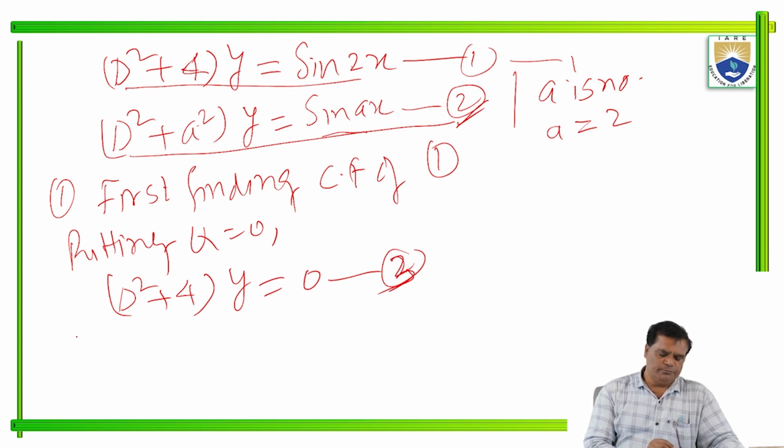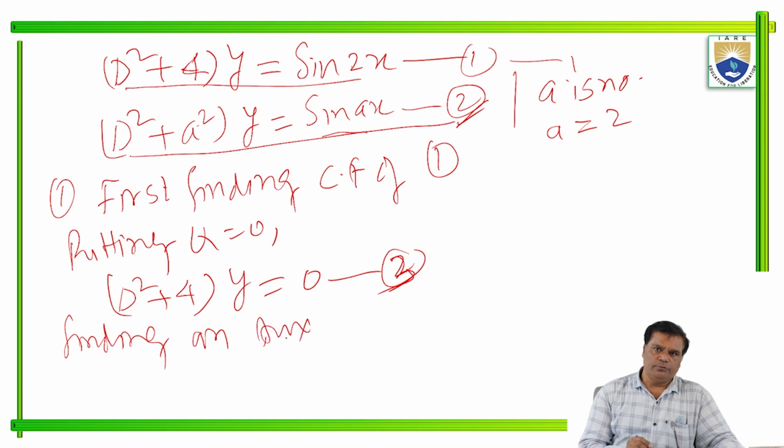Now for finding CF, we find the auxiliary form of equation 3.